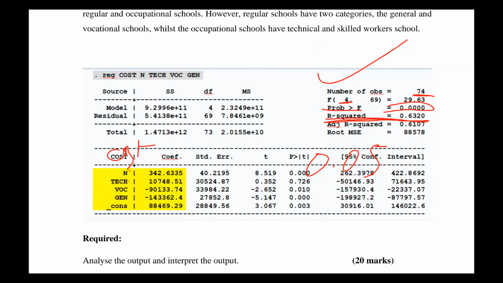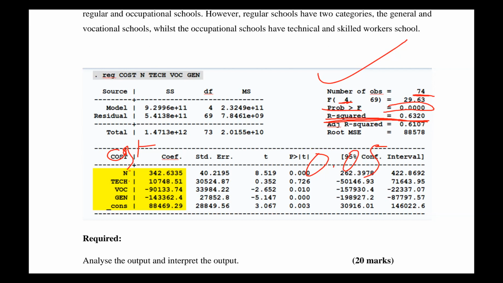The enrollments in skilled workers school, enrollments in technical schools, in vocational schools, and in general schools. So how much of the variation is explained by what? By the X variables.